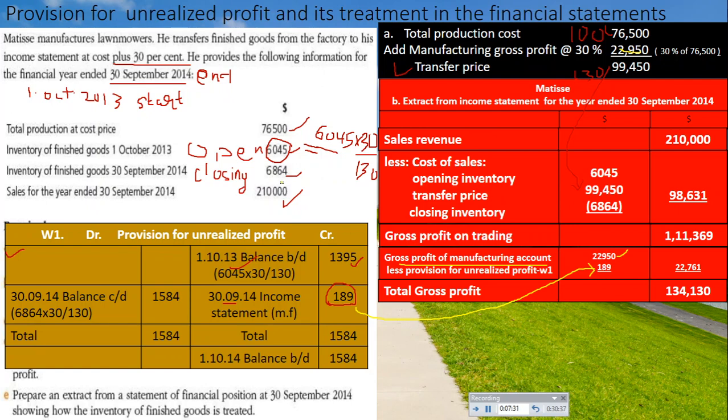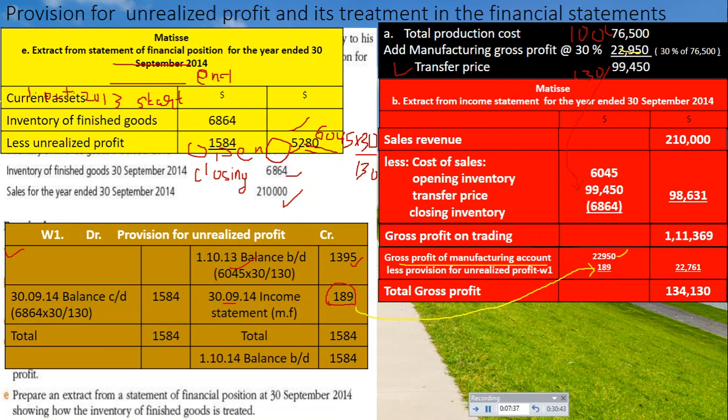Now what about in the statement of financial position? So in the statement of financial position, what we do is, under the list of your current asset heading, here's your heading of current asset. Inventory of finished goods, we have 6864.